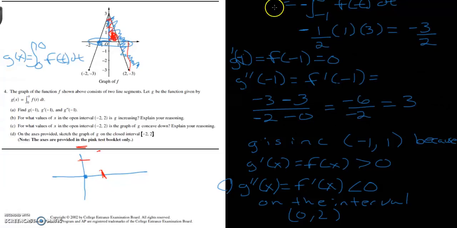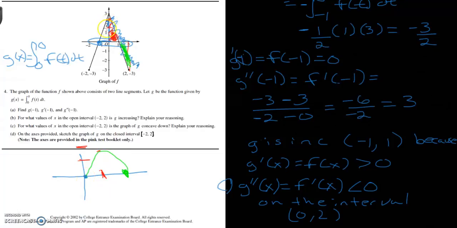If you find this area, that's going to be negative 1.5. So it's going to go back to 0, because it's going to cancel itself out. So now we know this part of the graph looks like this.